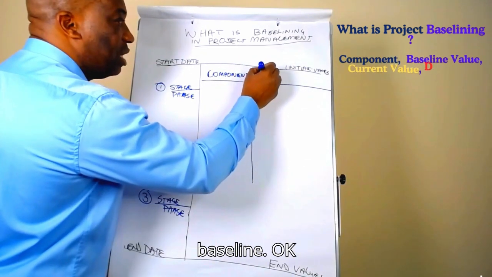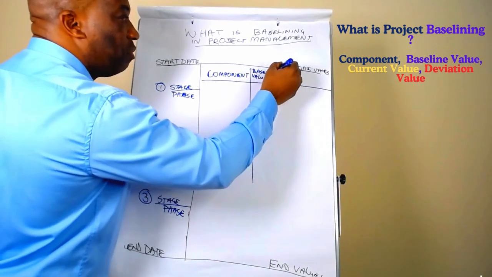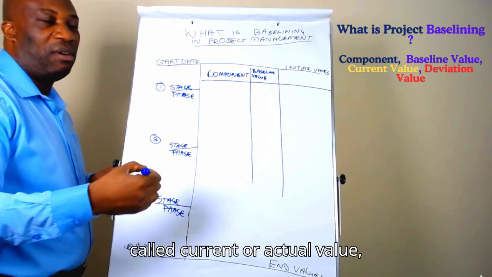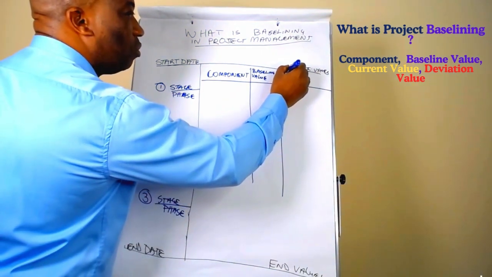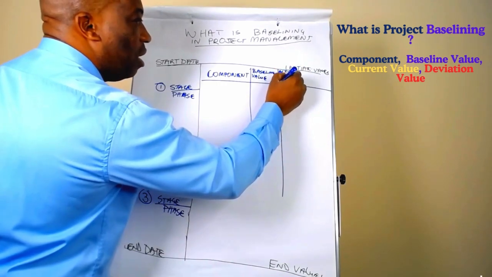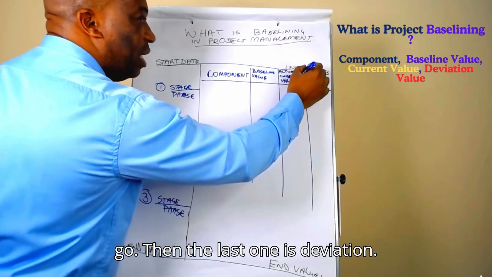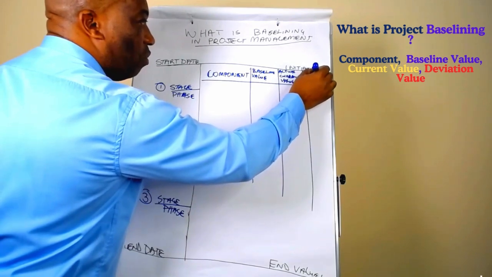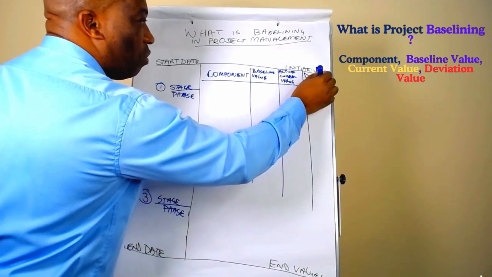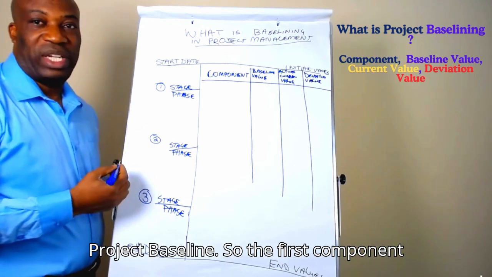Then I'm also going to have what is called the current or actual value. We're going to populate this as we go. The last one is deviation value. So this is the whole concept about project baselining.